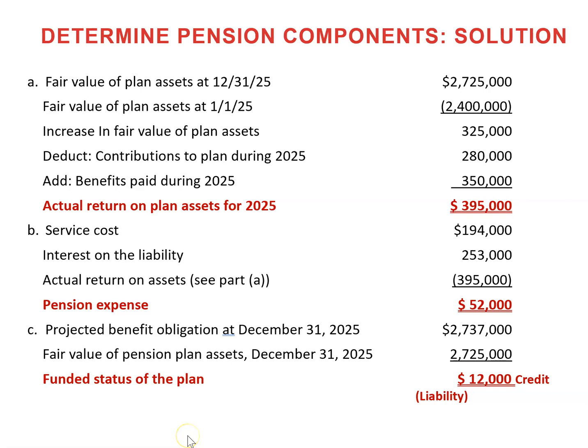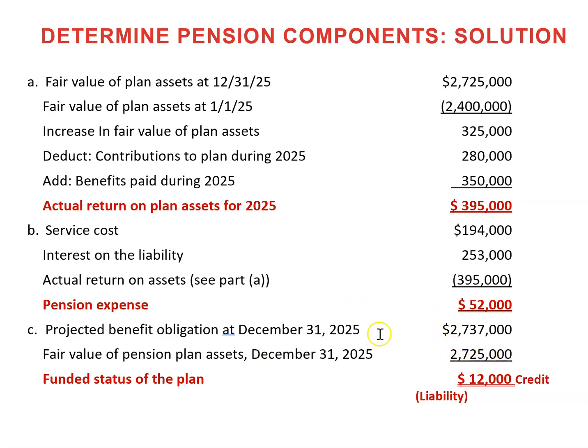Now the simple task is to check the funded status of that plan. For funded status, everything is given. The ending balance of PBO, or projected benefit obligation, is 2.737 million, which is a liability, and then the fair value of the plan asset is 2.725 million.